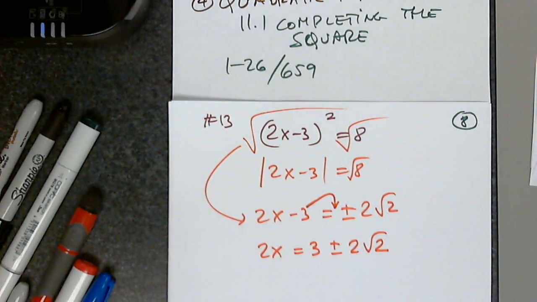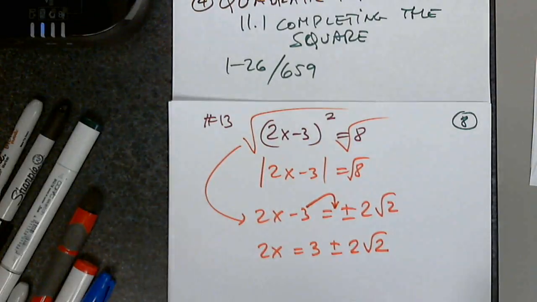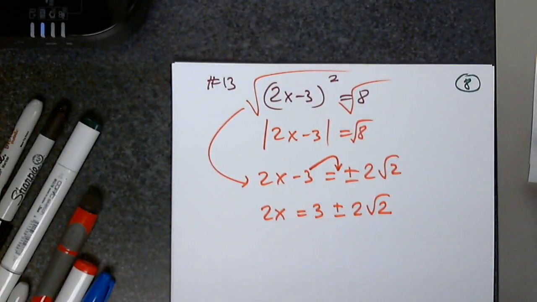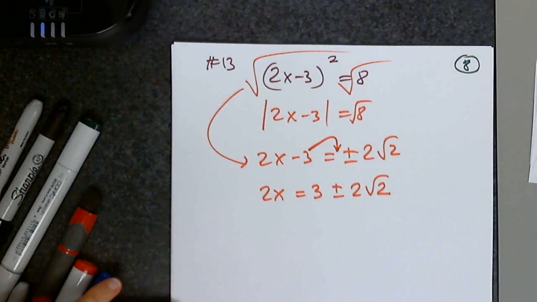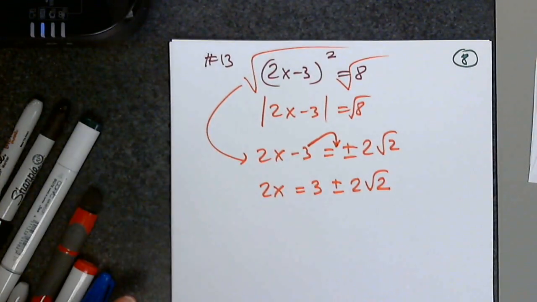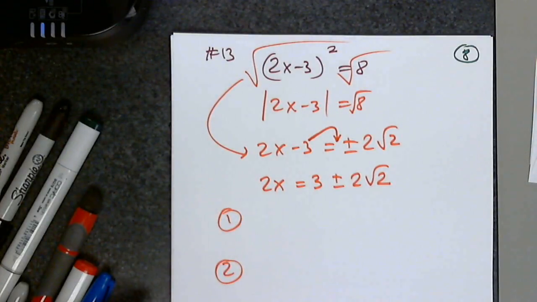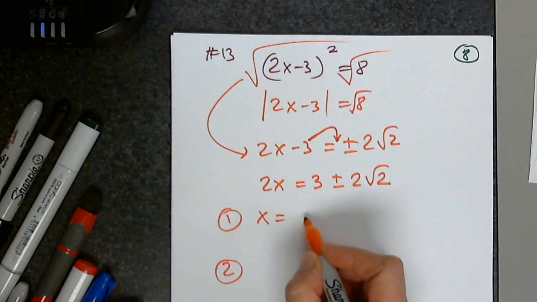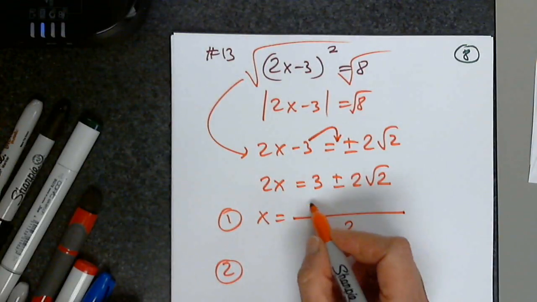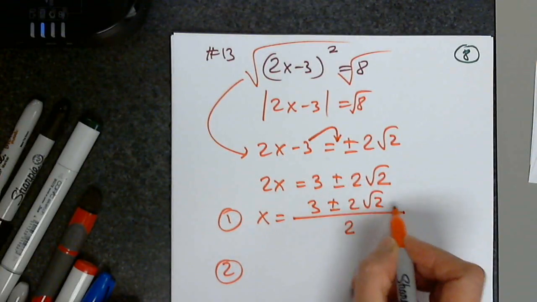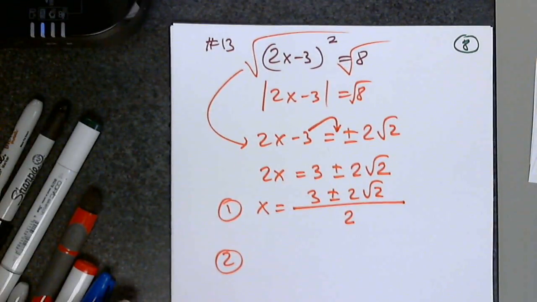The final step, we have to divide both sides by 2. Be careful not to simplify. Here are 2 ways. The first way is this. You cannot simplify.